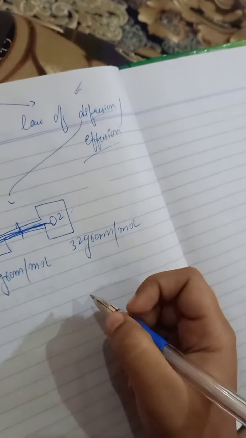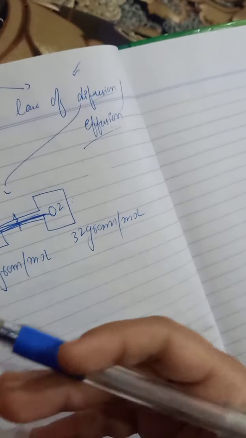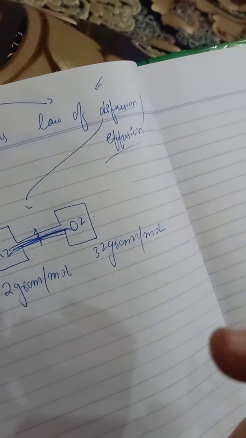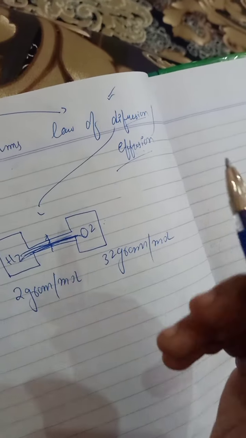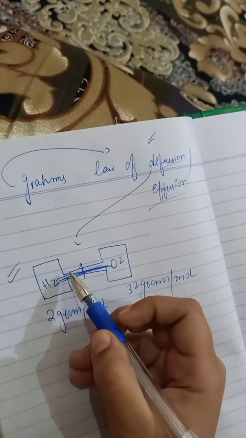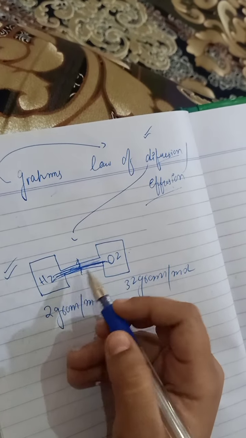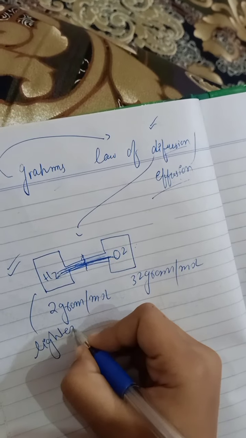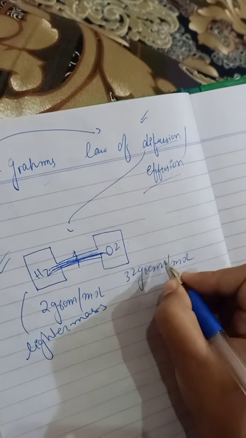It depends upon mass and density too. First of all, hydrogen gas will diffuse more because it has the lighter mass and the other has the higher mass.